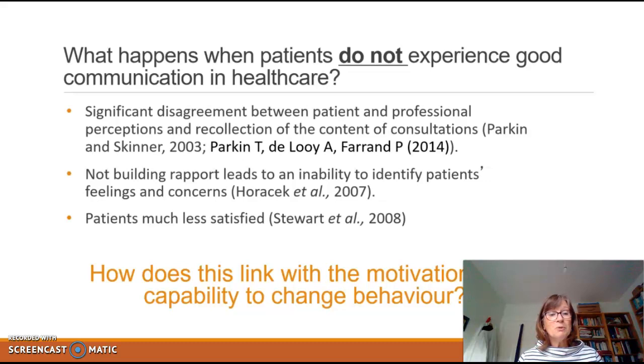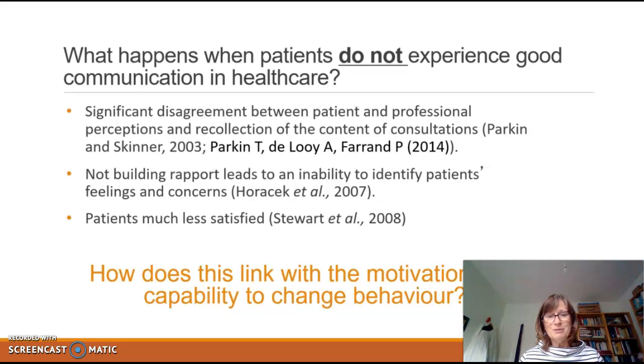If we don't build rapport, we don't find out the patient's feelings and concerns. And again, that's quite well recognised. And our patients go away much less satisfied. So have a think about how that impacts on what the patients are going to go away and say about our service, but also how motivated are they going to be? Have we improved their capability to change behaviour?